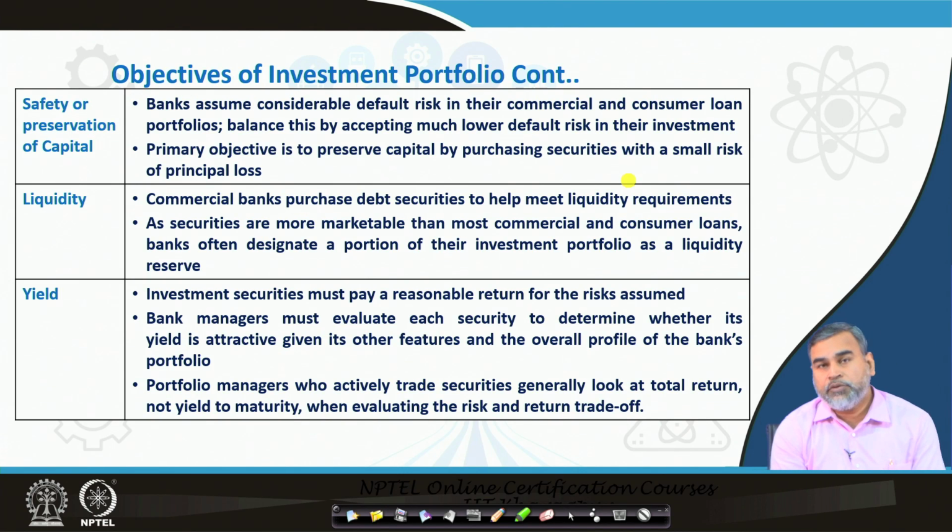Number two is liquidity. They want to maintain liquidity, so how should portfolio management be done in such a way that liquidity can be managed? Commercial banks purchase debt securities to meet liquidity requirements, and as securities are more marketable than commercial or consumer loans, banks generally designate a portion of their investment portfolio as a liquidity reserve.